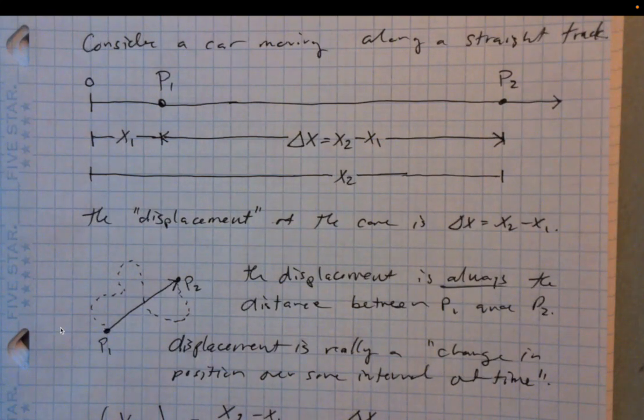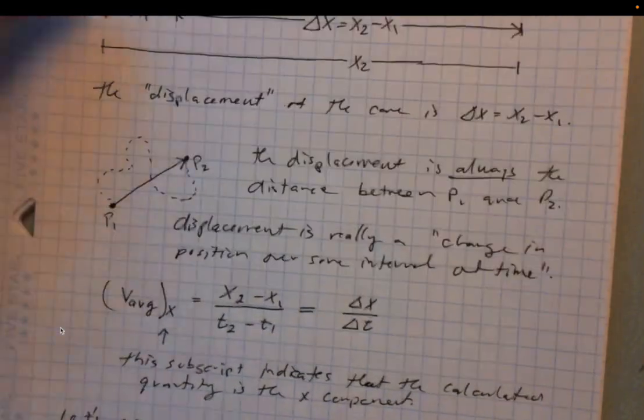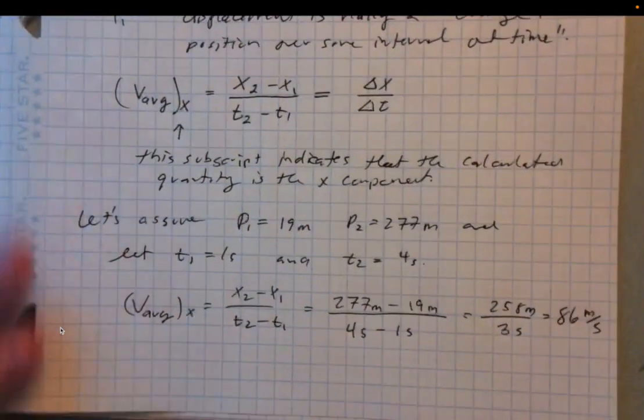So our coordinatization of using the positive x-axis makes sense. The car moves from left to right, so we get a positive average velocity of 86 meters per second.